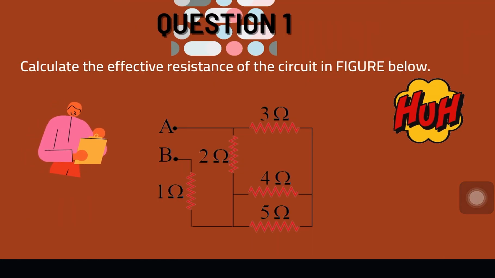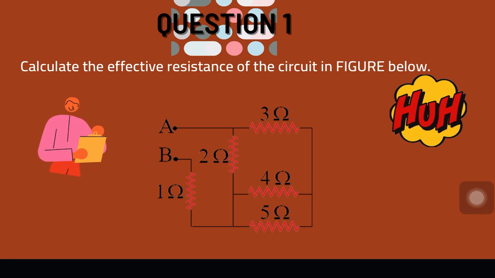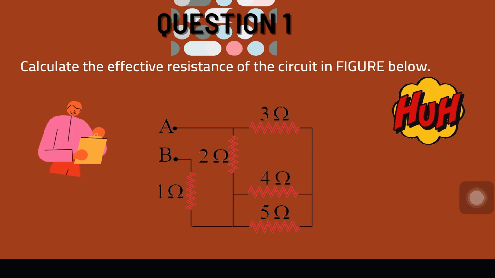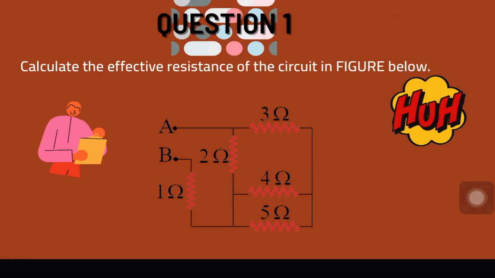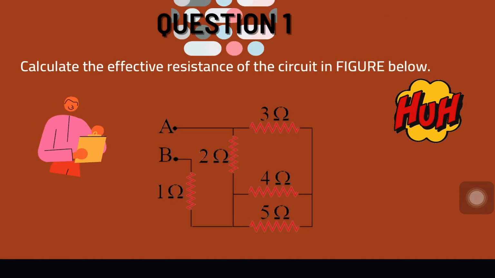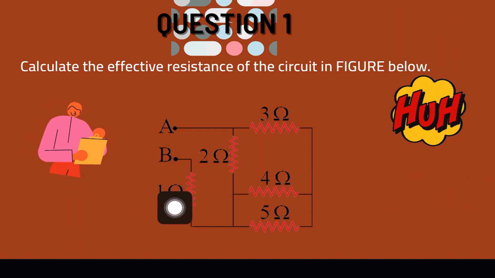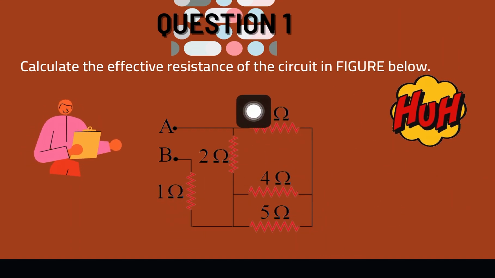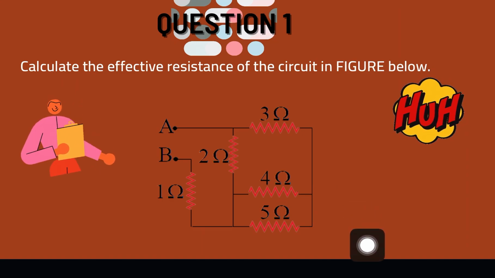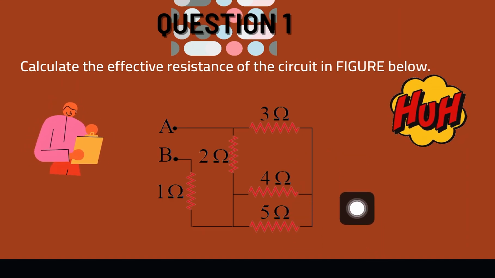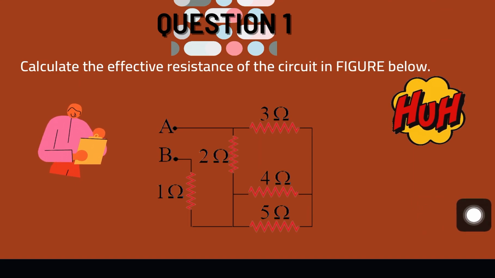Okay, now we move to question 1. The first one is to calculate the effective resistance of the circuit in the figure below. We have 5 resistors connected in a series and parallel combination.